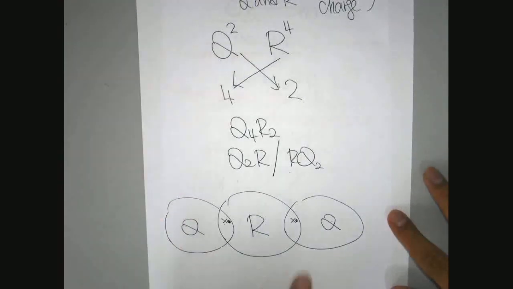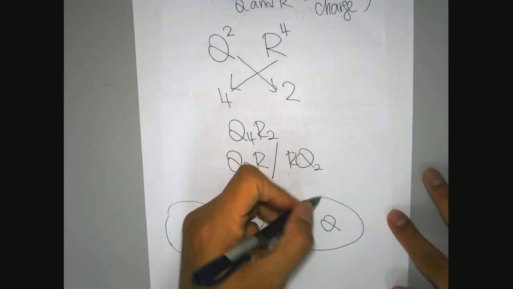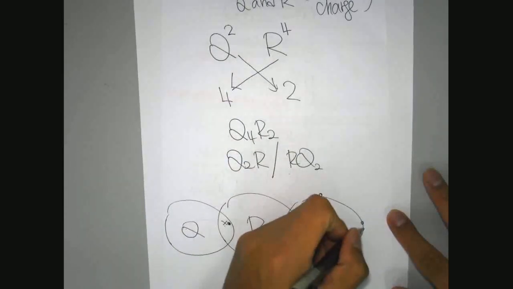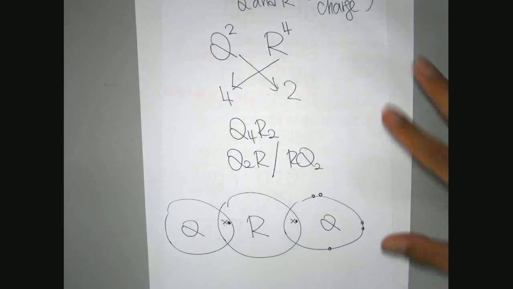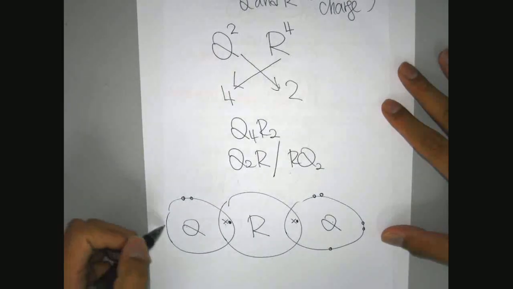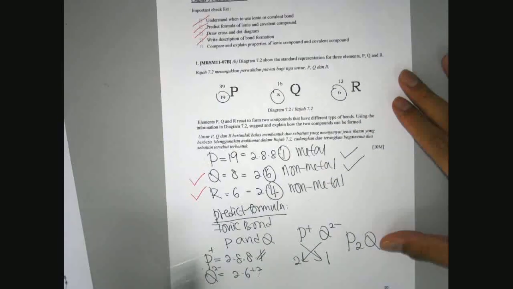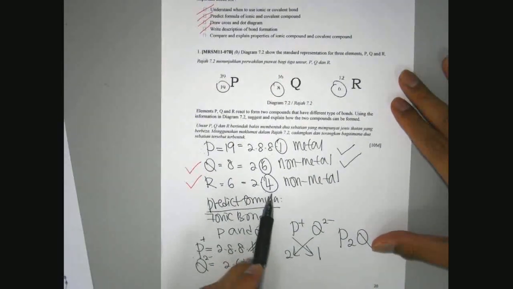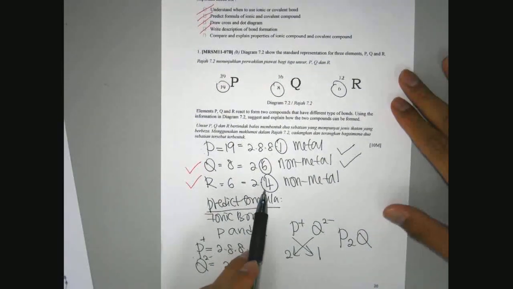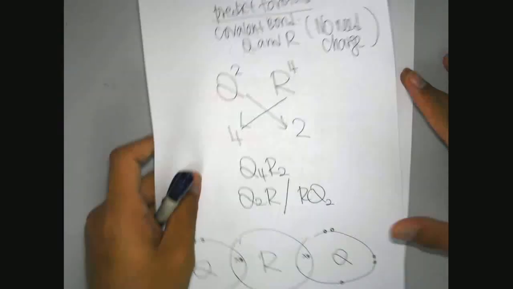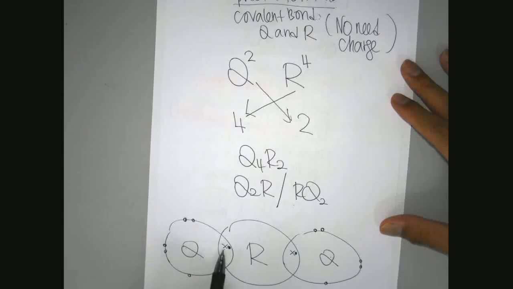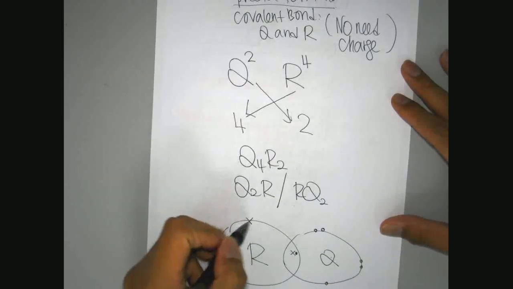The Q now only used 1, so you have 5 more outside: 1, 2, 3, 4, 5. The R has 4 outer electrons. You only use 2 here, 1 here and 1 here, which means you have 2 more outside.